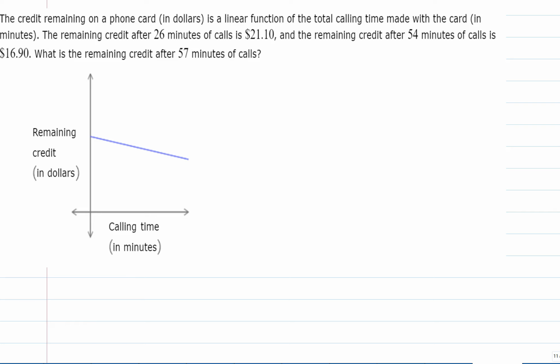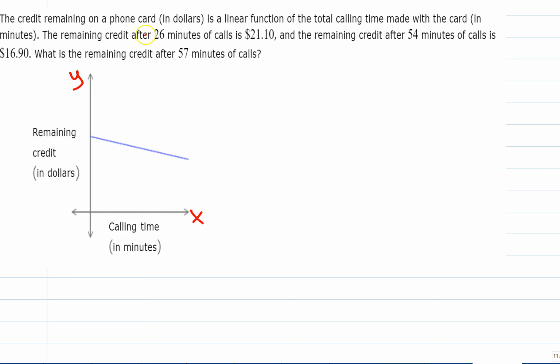What you have to do is this. First of all, we're going to write an equation, y equals mx plus b. Not going to get there first, but you have to know what is our x. Look at the picture. What's on the x-axis? Calling time is our x, isn't it? What's on the y-axis? That's our y.